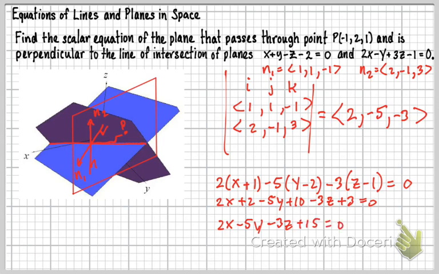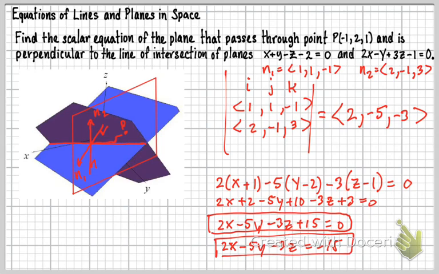So there it is. Or I can move the 15 over to the other side if you choose. Minus 3z equals negative 15. So either one of those answers are good. Should you simplify? Yeah, probably. At least down to this. This if you feel happy. Okay, there it is.